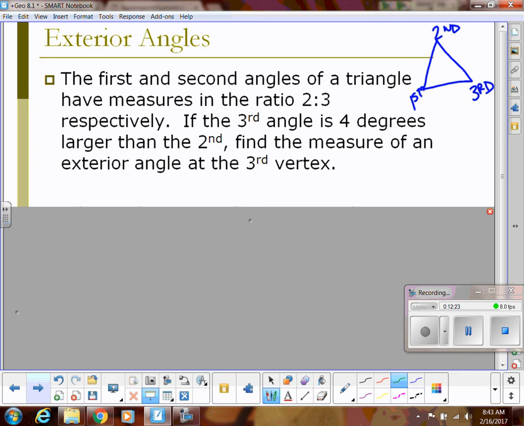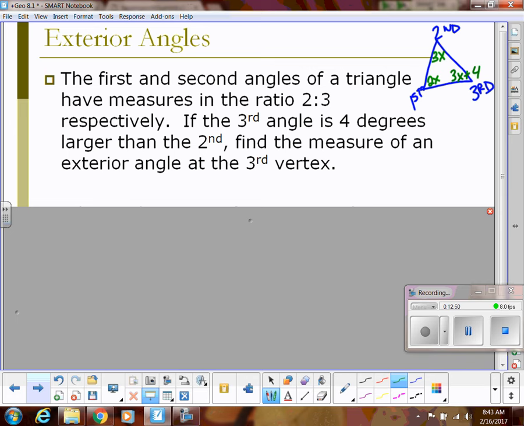It says the first and second are in a ratio of 2 to 3. And remember, when we have ratios, we don't know that it's 2 degrees or 3 degrees, so we have 2x, 3x. So the third angle is 4 degrees larger than the second. All right, so the second is 3x, so the third is going to be 3x plus 4.